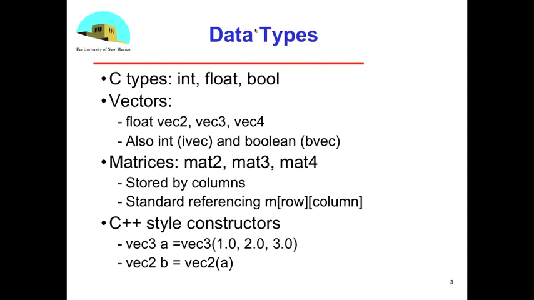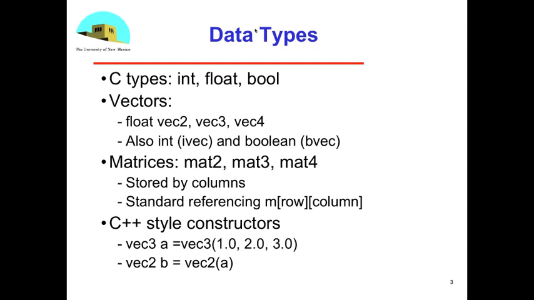They're stored by columns. This will be an issue we discuss in the text, and you may get confused: the OpenGL standard for storing by columns sometimes comes in contradiction with what you're used to in languages like C, and you'll have to do some switching.